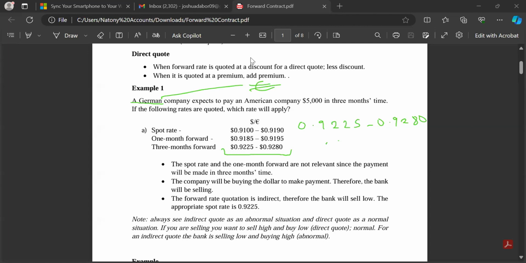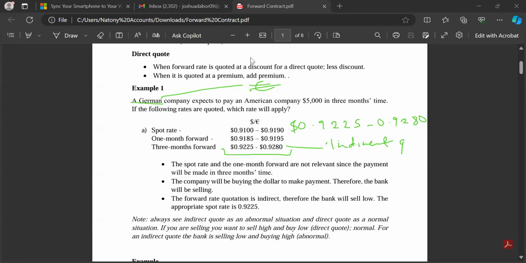If the pricing currency is the euro, then it is a direct quote. But in this question, the pricing currency is the US dollar. So that means this is an indirect quote.